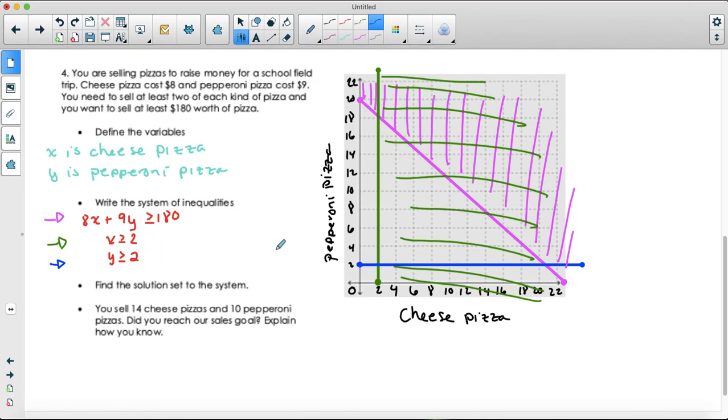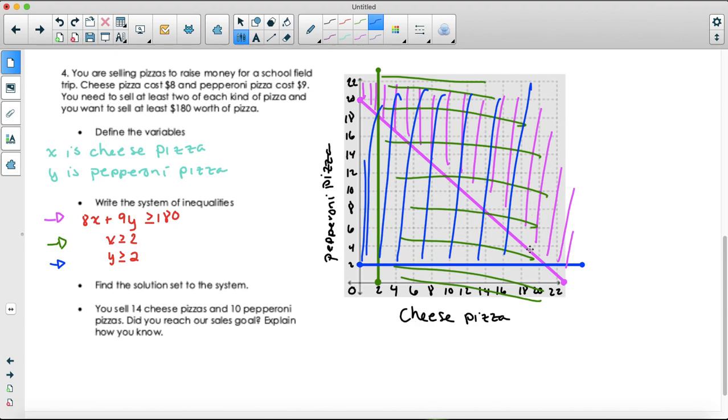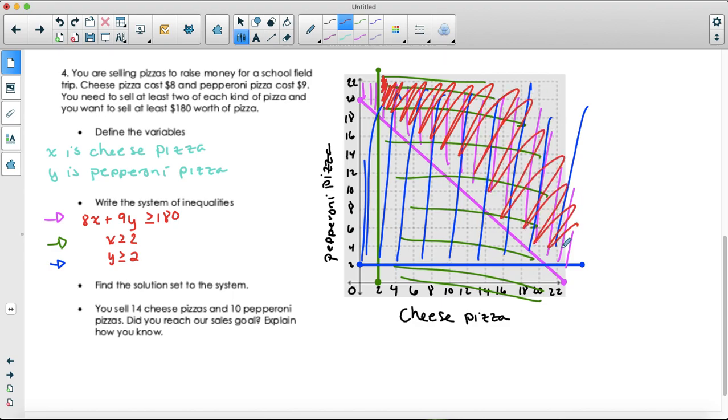I need that blue to be above the 2. All of this above the blue. So our solution is where the green, blue, and pink are all meeting, which is all up in here. Along those lines. So our solution is along this green, then that pink, and then the blue, and then everything in this section.